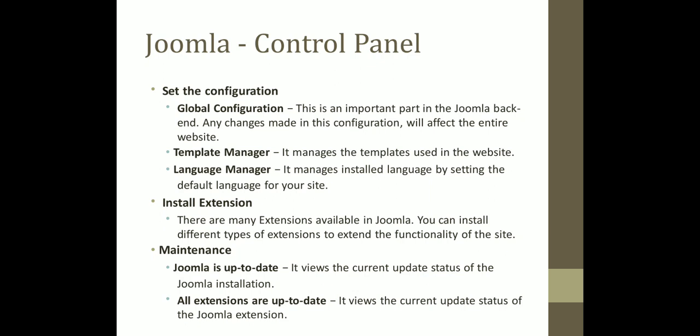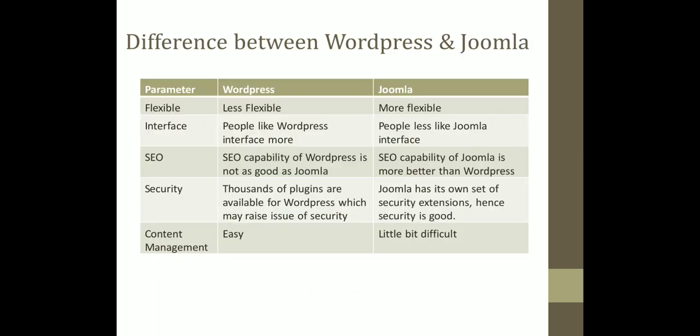So we'll see what is the difference between WordPress and Joomla and how they differ in their workings. Okay, as both are examples of CMS, we have done a parameter based differentiation. If we are talking about flexibility, WordPress is less flexible as compared to Joomla.